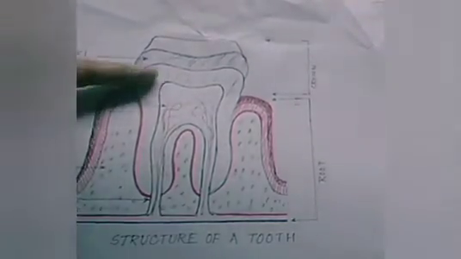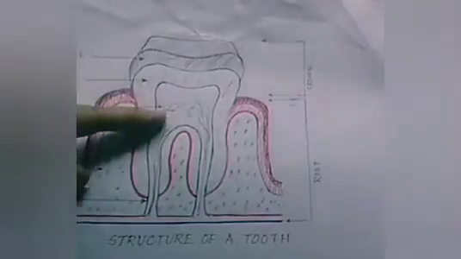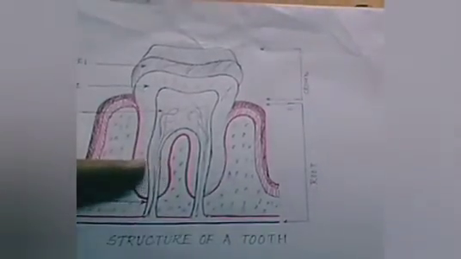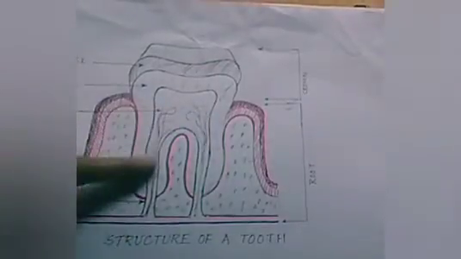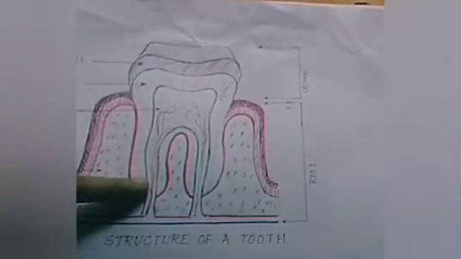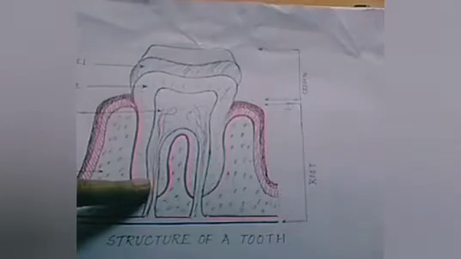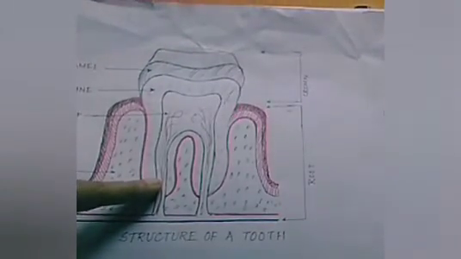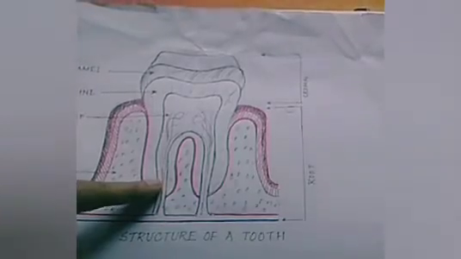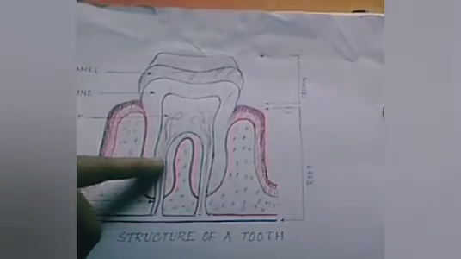If we go to the third layer of the tooth, that is soft, and it is called pulp. This pulp is very soft, and it is embedded with blood vessels as well as nerves. So the nerves and blood vessels are here.